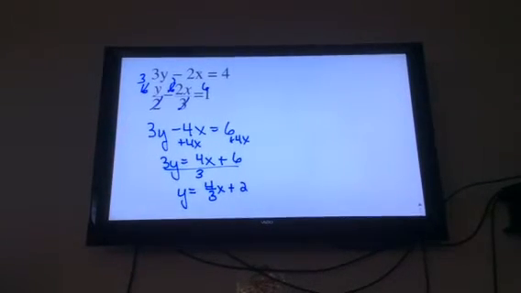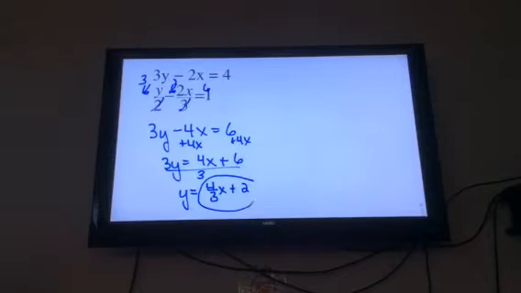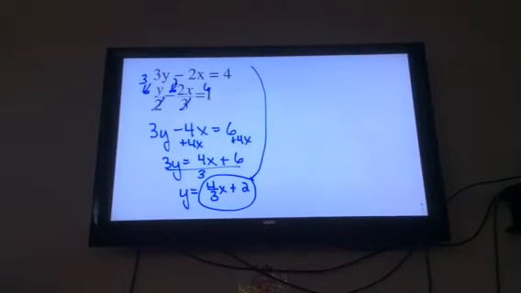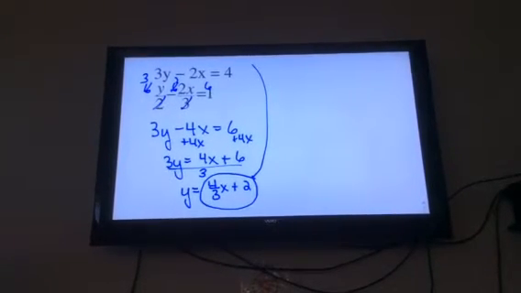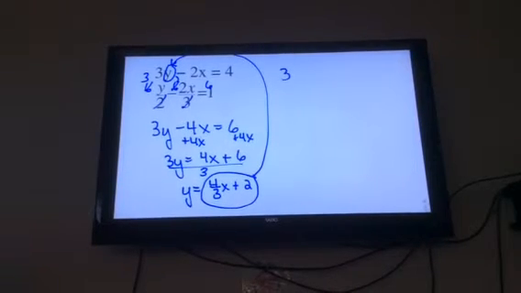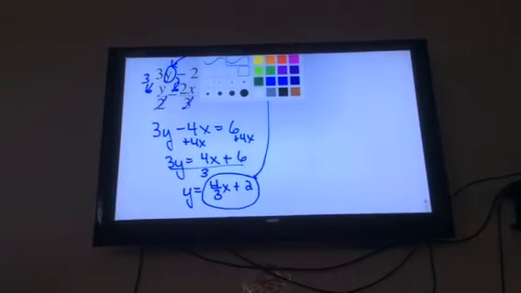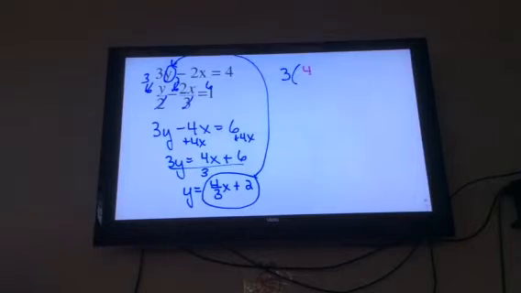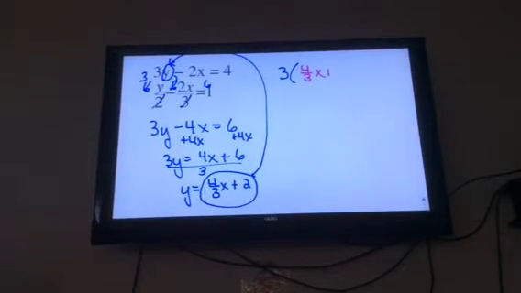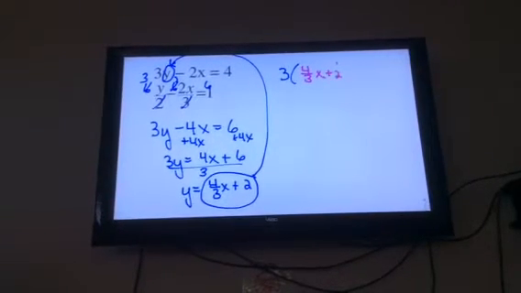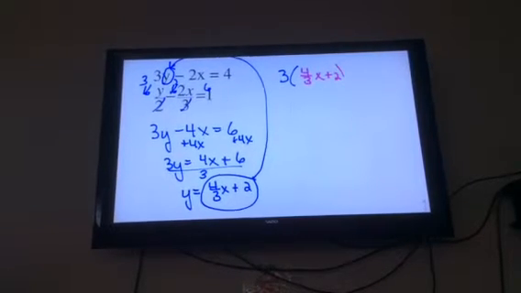So now I'm ready to make my substitution. So this is going to go into the other equation for y. So 3y is going to come out, 4/3 x plus 2 goes in. The rest of the equation stays the same.